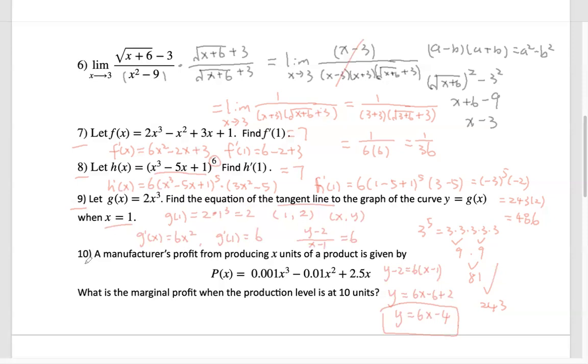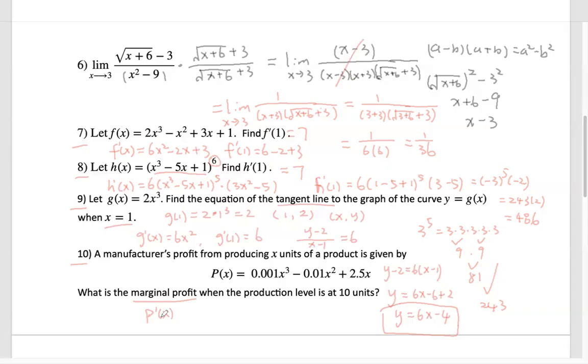Okay, let's say 10. A manufacturer's profit from producing x units, so x represents how many units of the product, is given by profit P of x equals this polynomial, degree 3 function. So what's the marginal profit? Remember, marginal profit is a derivative, right?